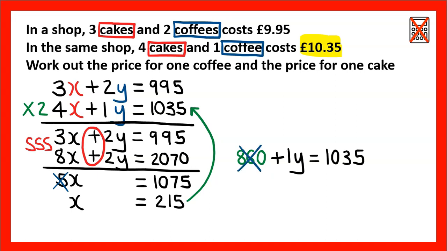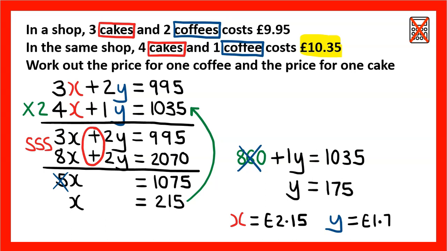Lastly, we can subtract 860 from both sides, so that leaves us with 1y, or y, equals 175. Quite often these questions will have the answer with pounds written as the units. So to finish off, x is equal to £2.15 and y is equal to £1.75, meaning that the cakes are £2.15 each and the coffee is £1.75.